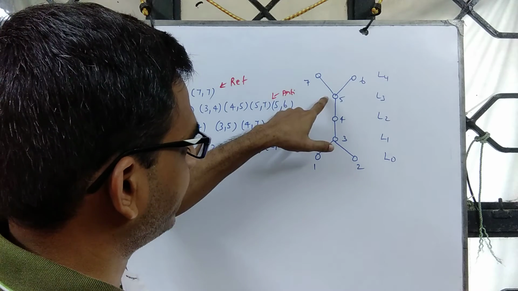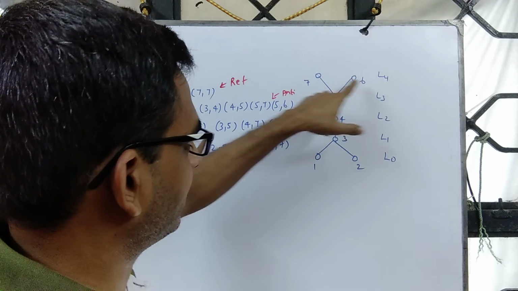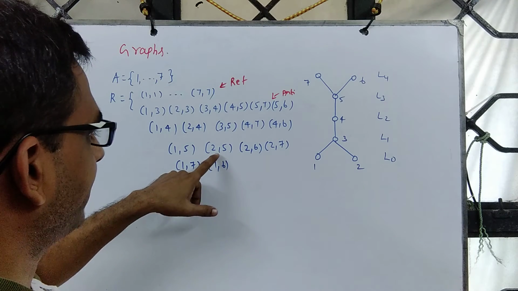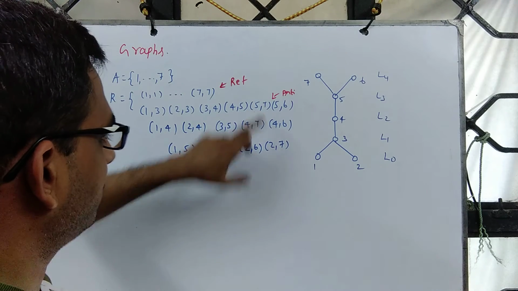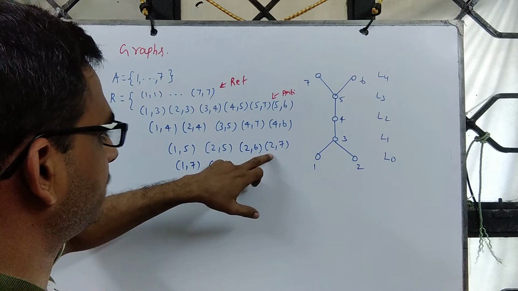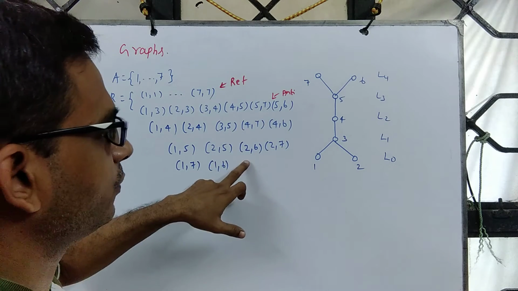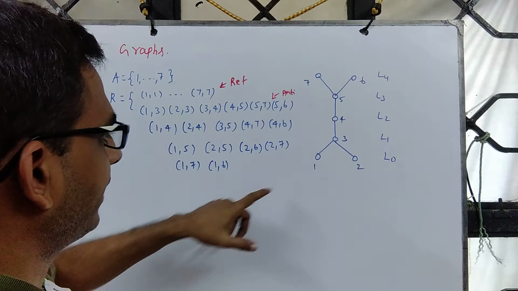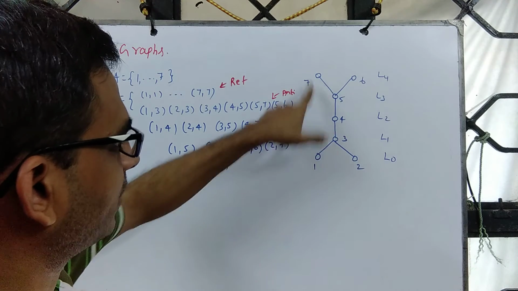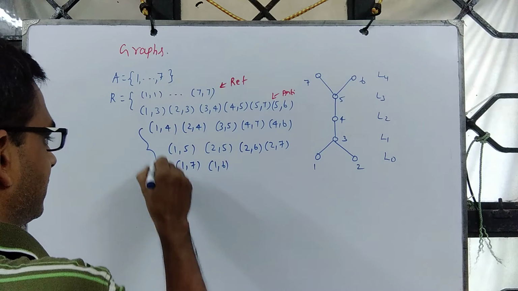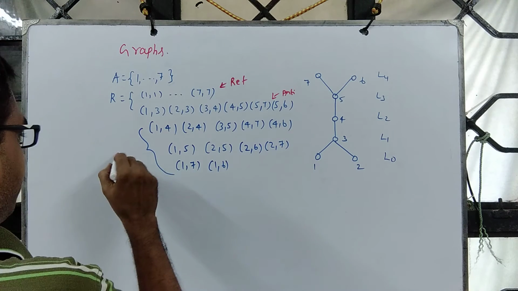You find 2,5 and 5,6, the transitive arc is 2,6. So in the same line you find 1,7 as well as 1,6. So these arcs are transitive arcs.